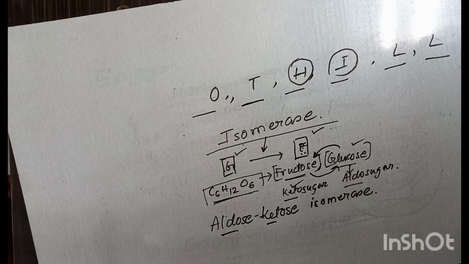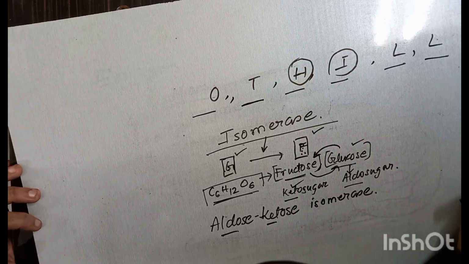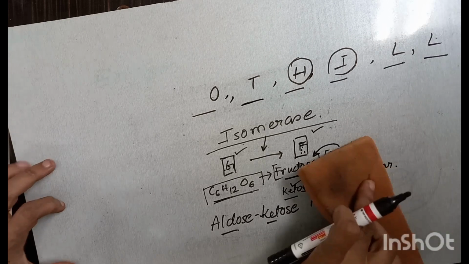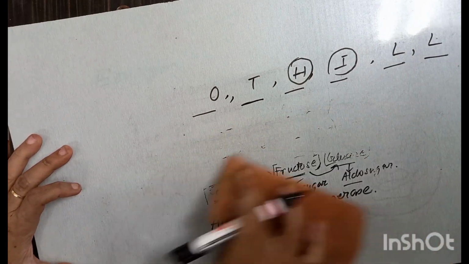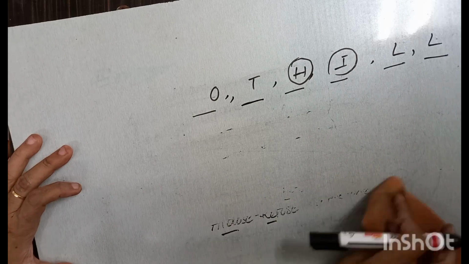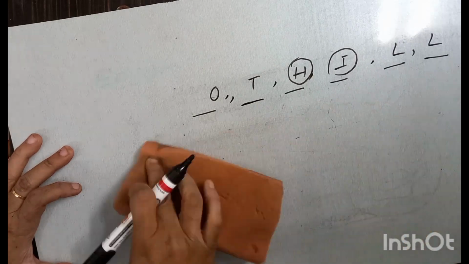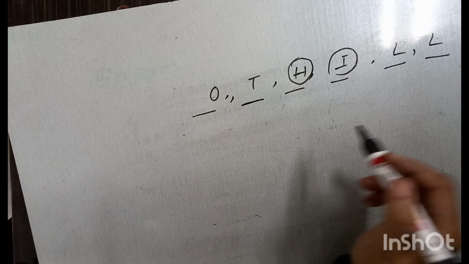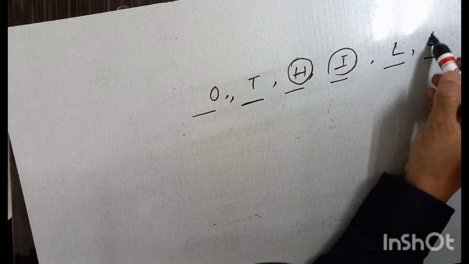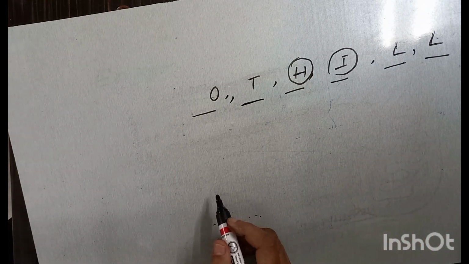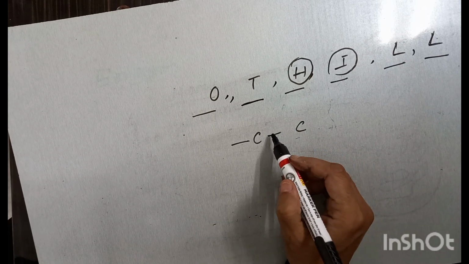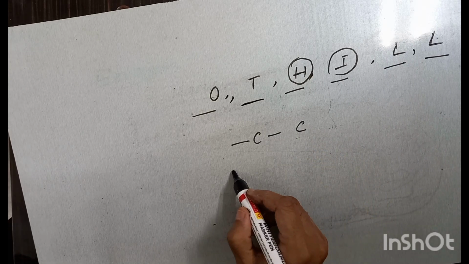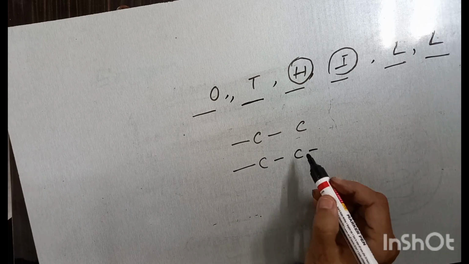Then I come to the last two things, lyases and ligases. Why have I written these last two together? L for lyase and the other is ligase. If I draw two carbons, they are just opposite in action.